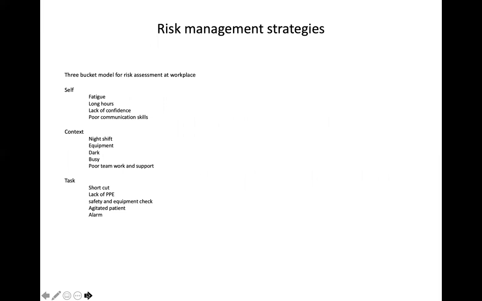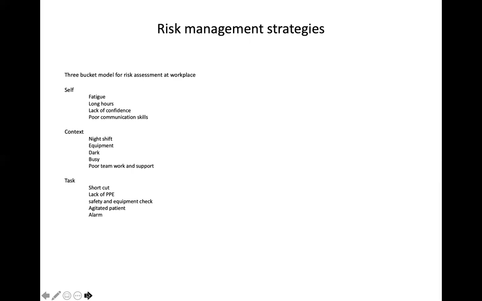Now I'm going to talk about risk management strategies, which help to understand risk prior to task initiation and implement safety measures in place. The three bucket model for risk assessment at the workplace includes self, context, and task.